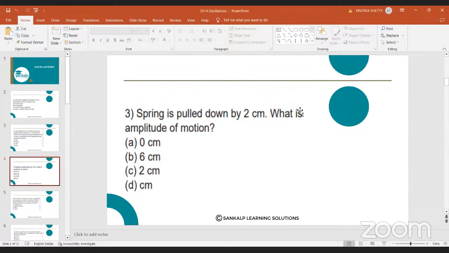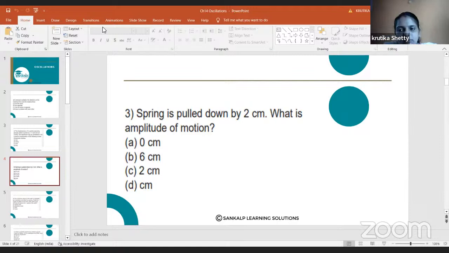Spring is pulled down by 2 centimeter. What is the amplitude of motion? So here the spring is pulled by 2 centimeter. Can you answer this? So directly also we can answer here, whatever the length of the spring is, if you are pulling it by 2 centimeter.